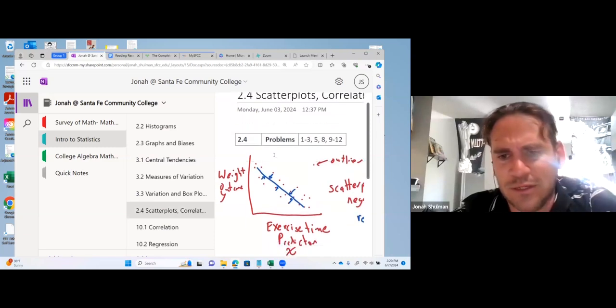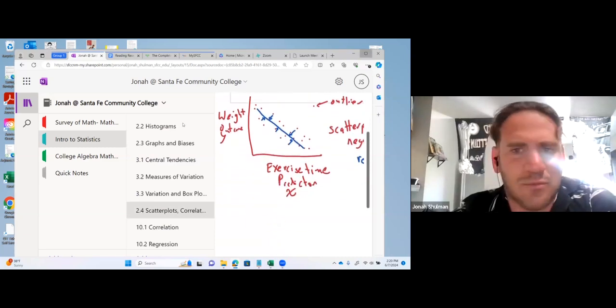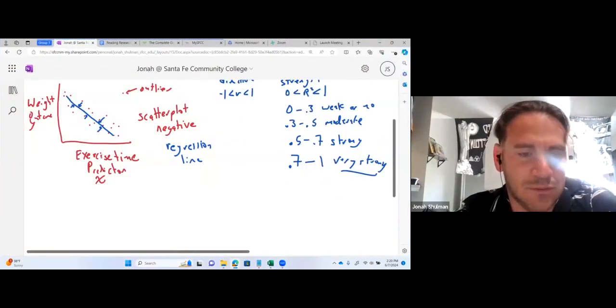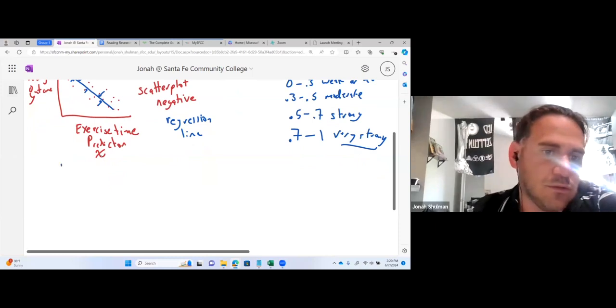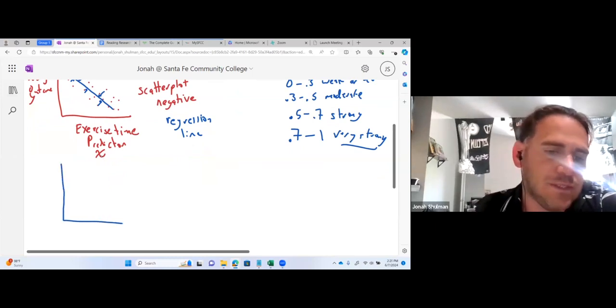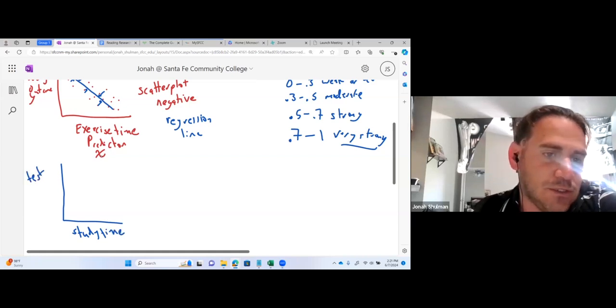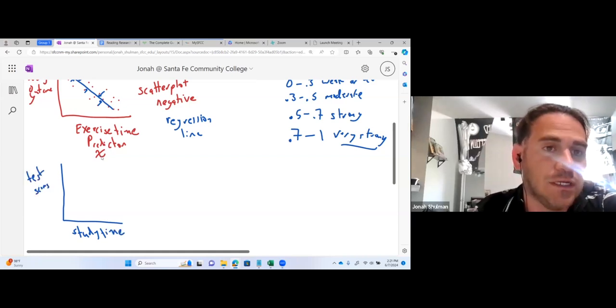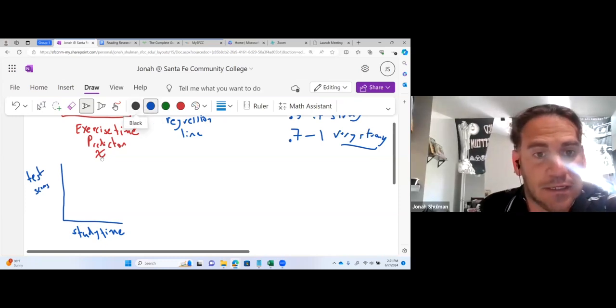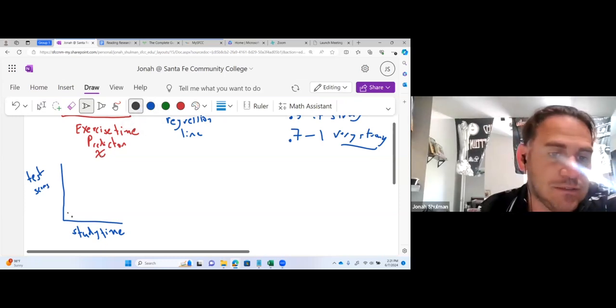Here we go. So that's my negative one, and I'll show you a couple more. Obviously there should be a positive one too. So let's say study time and test scores. Probably the more you study, the higher test scores you should get. So they're probably going to look like this, which is pretty strongly positive.